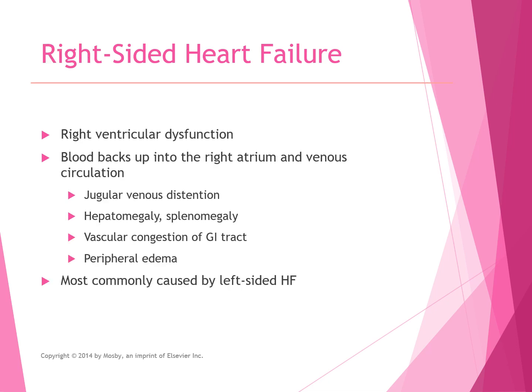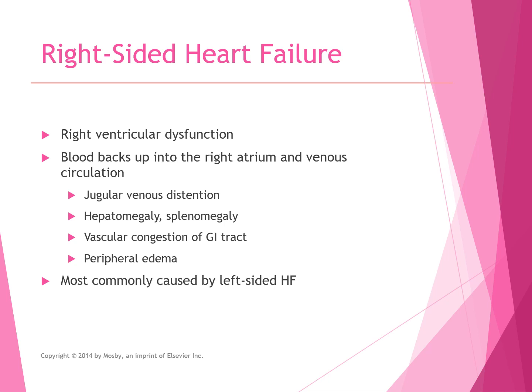And then our right-sided heart failure. So clearly this is from right ventricular dysfunction. Blood backs up from the right ventricle into the right atrium, and therefore fluid backs up into our systemic circulation or our venous circulation. So we wind up with jugular venous distension or JVD, right?